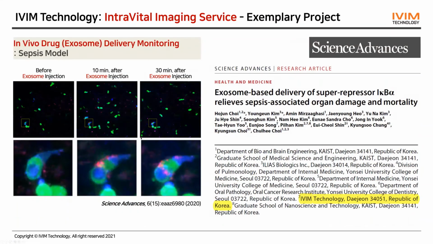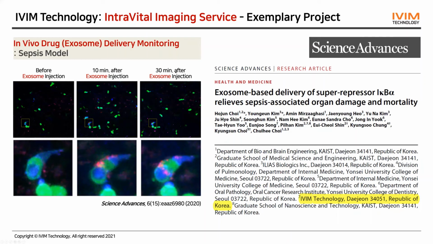And this is one of our recent imaging service results, which was published in this paper. So this is one data set we provided to our customers. In this example, we basically monitor the delivery of the exosome. Only 10 minutes after, you can see this red color exosome was attached to some specific cells in here.